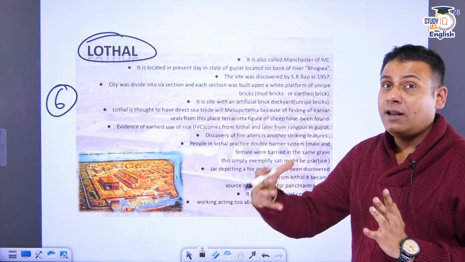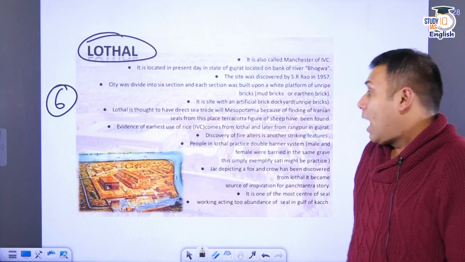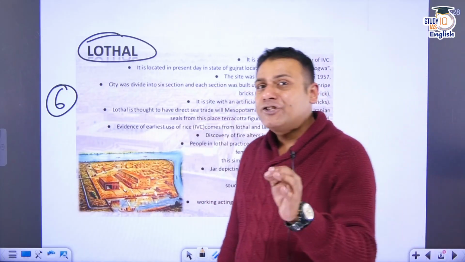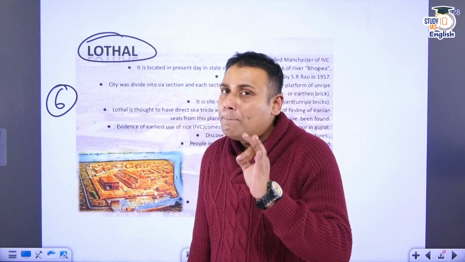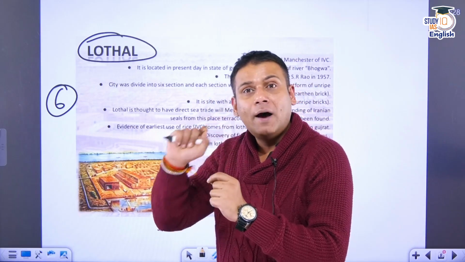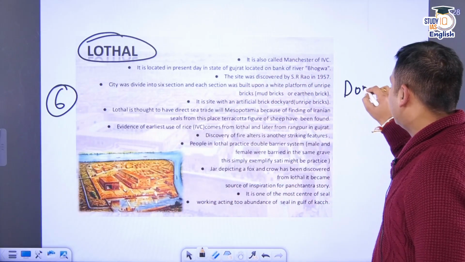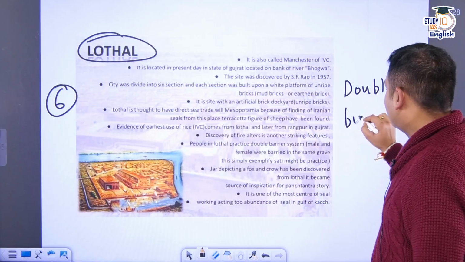It was not made of burnt bricks. So the city of Lothal is specifically divided into 6 parts. Okay. Another important thing. Many historians believe that the people of Lothal might have practiced the double burial system. I repeat, the people of Lothal might have practiced the double burial system.